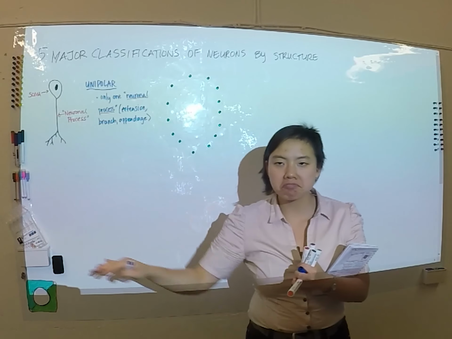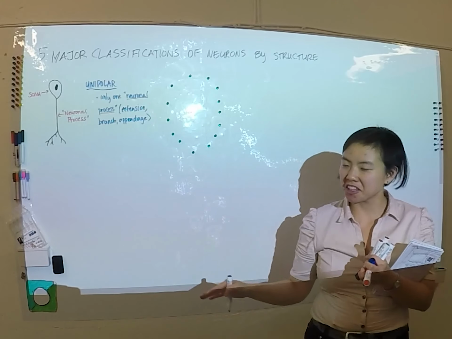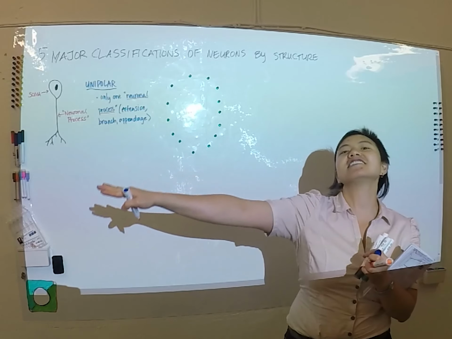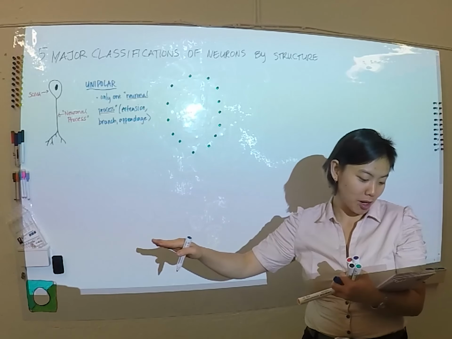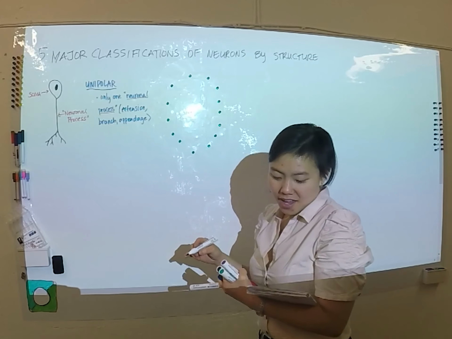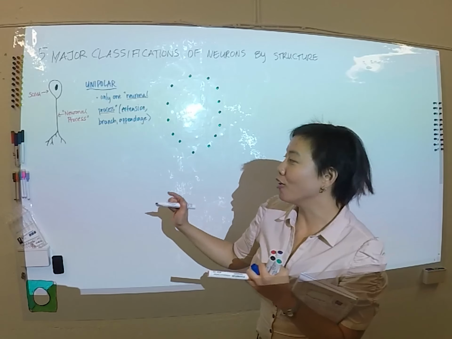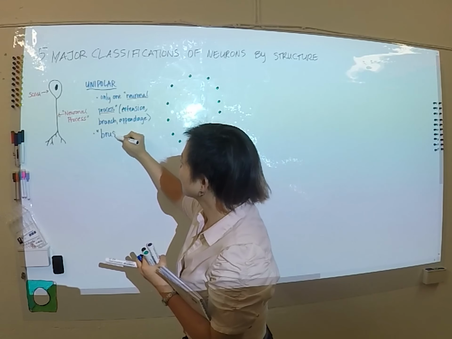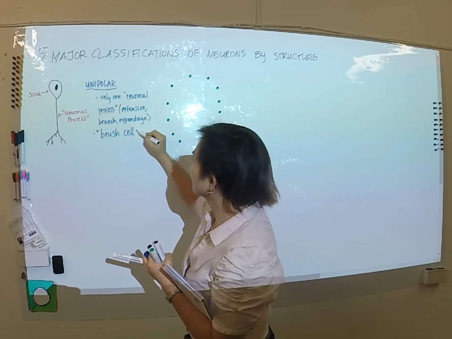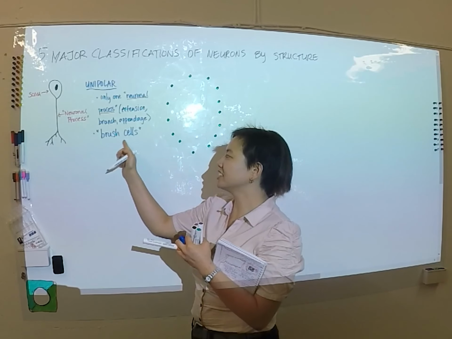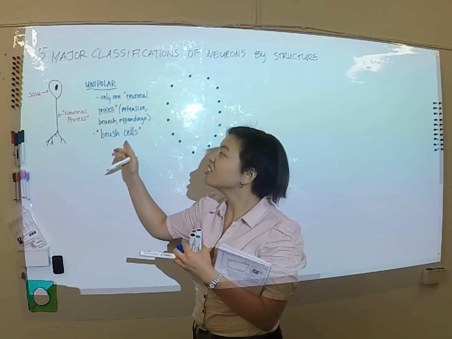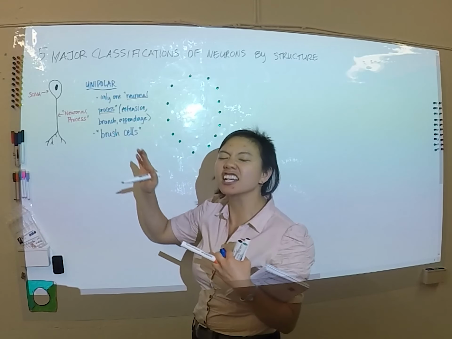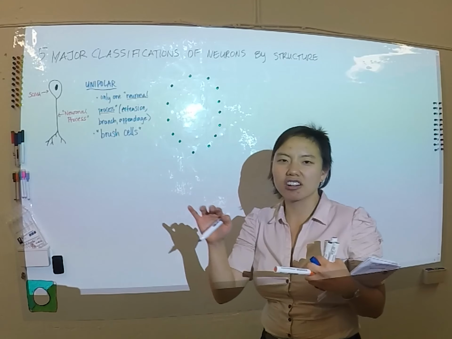Okay, like an arm or a branch, it's all the same thing. So unipolar has one thing extending away from the soma. These are also sometimes called brush cells. Brush cells are the most common unipolar cell in humans, which is why unipolar and brush cell get used like the same word.